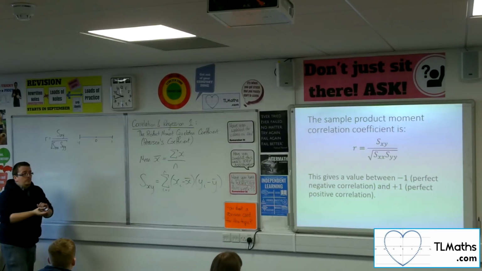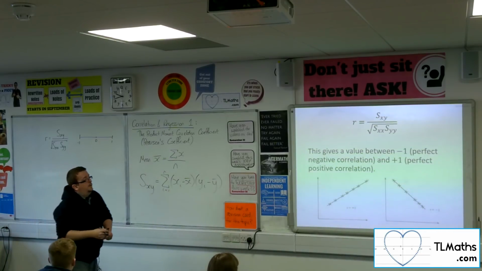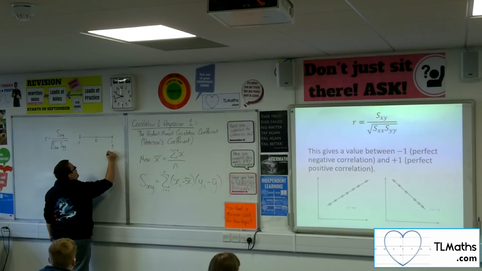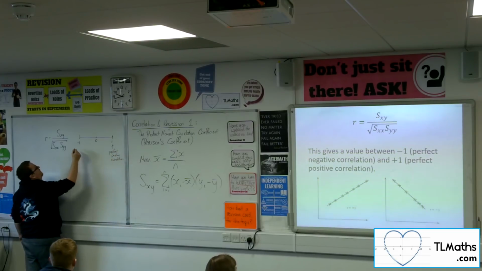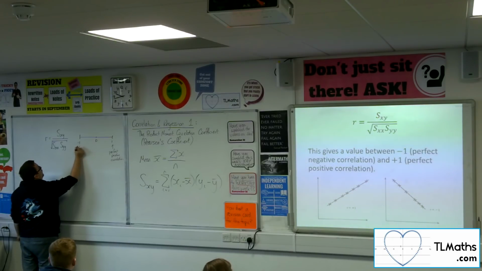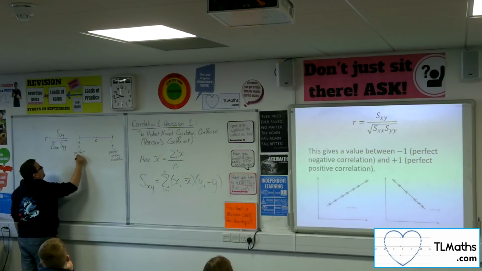Okay? Where +1 is perfect positive correlation. So if you got a value of 1, they would be in a perfect straight line, going from bottom left to top right. If you got -1, then that's perfect negative correlation.